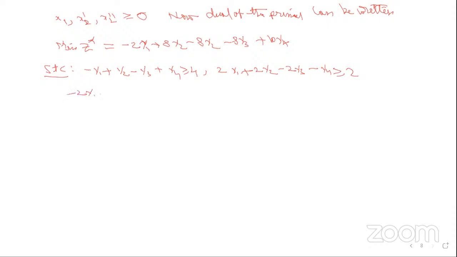Minus 2y1 minus 2y2 plus 2y3 plus y4 greater than or equal to minus 2. So here y1, y2, y3, y4 greater than or equal to 0.